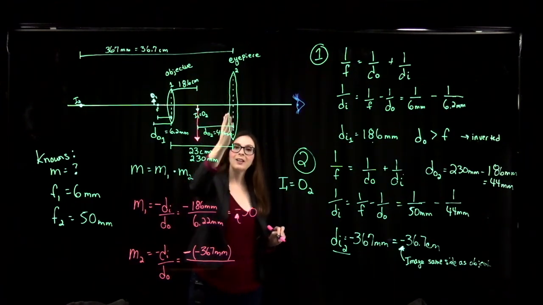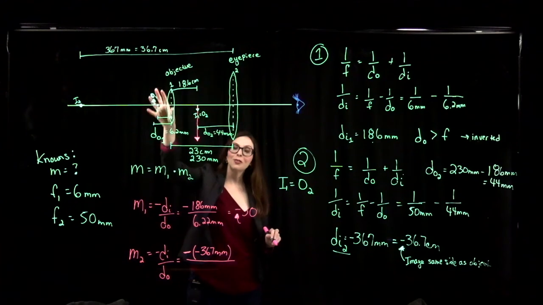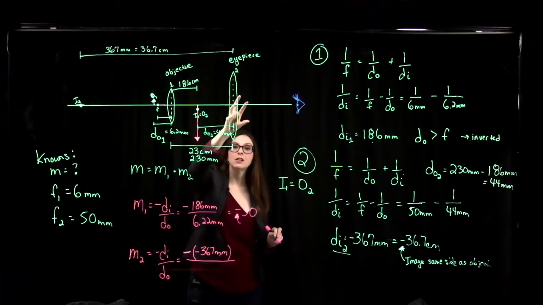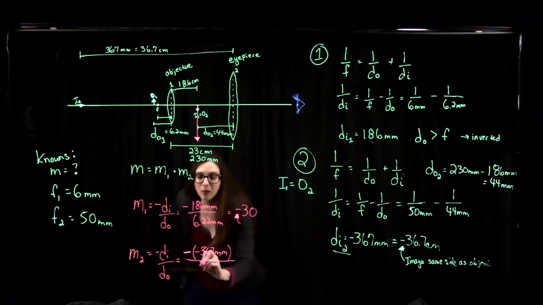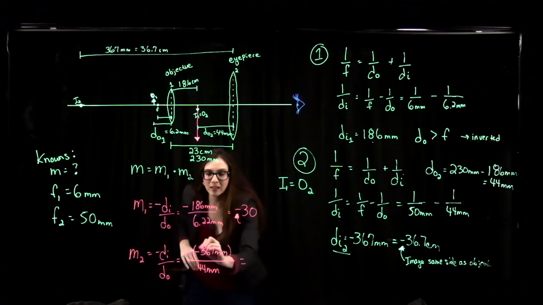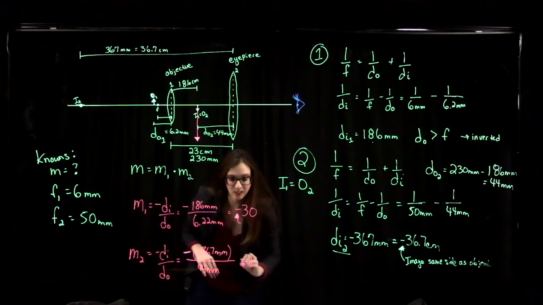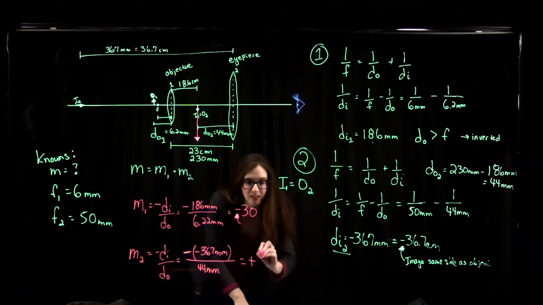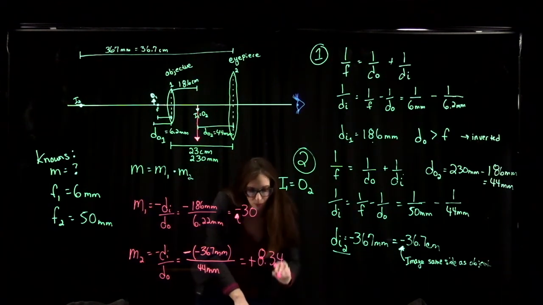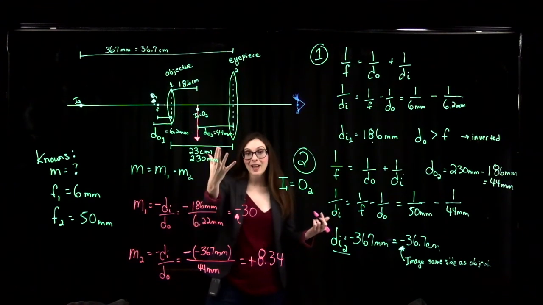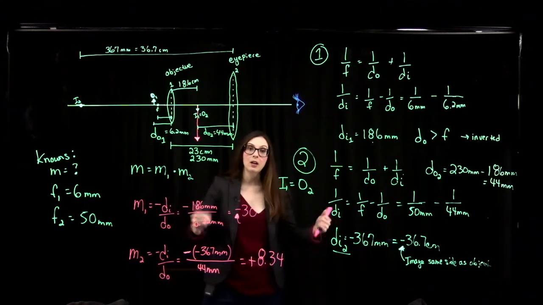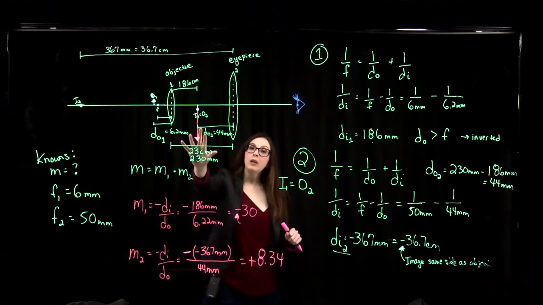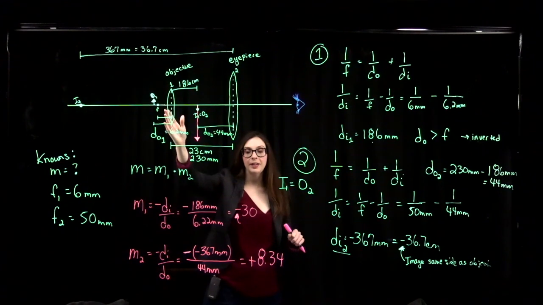And remember, for our eyepiece, the image from the first lens becomes the object of the second lens. So DO here we calculated to be 44 millimeters. We've got a minus times a minus, so that gives us a positive magnification of 8.34. That means that the image from our second lens, our eyepiece, is 8.34 times greater than the image created from our first lens, the objective.